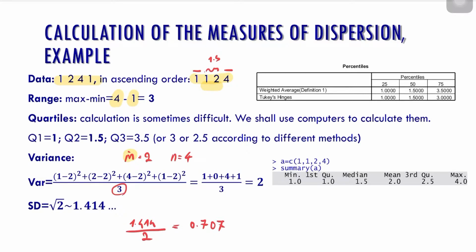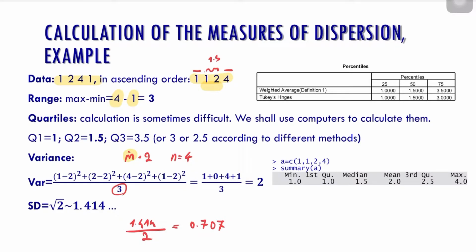As you see here, if we show it in the table, the first, second, and third quartiles are shown here. In the data set, we have a minimum of 1 and a maximum of 4.